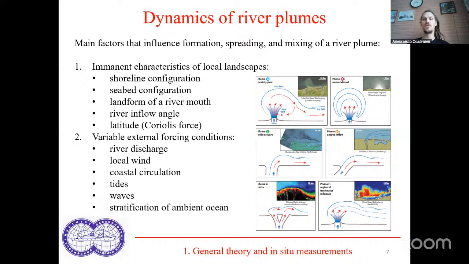And latitude, of course, so Coriolis force is very small on the equator, even zero on the equator, while it increases greatly at the poles. There are no rivers on the poles, but there are rivers in the moderate latitudes, which experience strong Coriolis force.